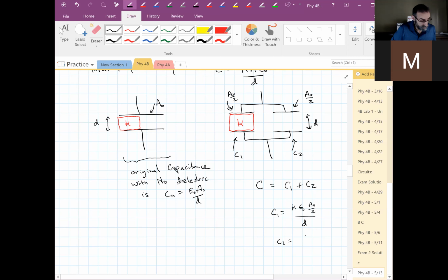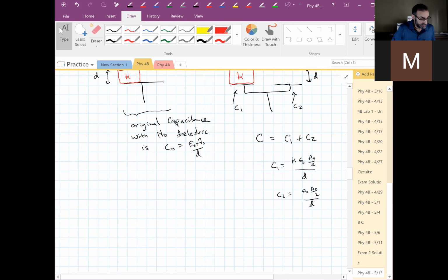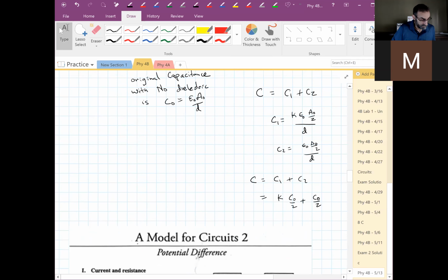And C2 doesn't have the kappa. Everything else is the same. And we add them up, and what do we get? Kappa C naught over 2 plus half the original.